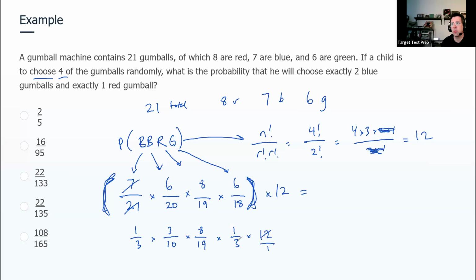So 12 over 3 is 4. 3's cancel. 8 over 10 is 4 over 5. So what I'm left with is 1 times 4 times 1. So that's 16, 4 times 4, over 5 times 19, which is 95.